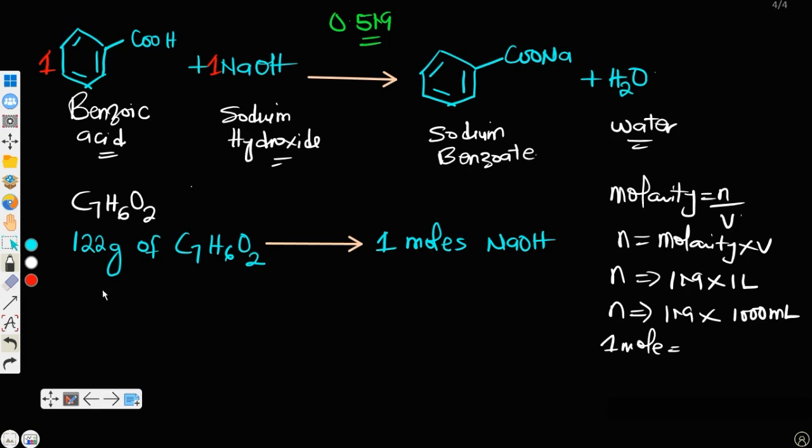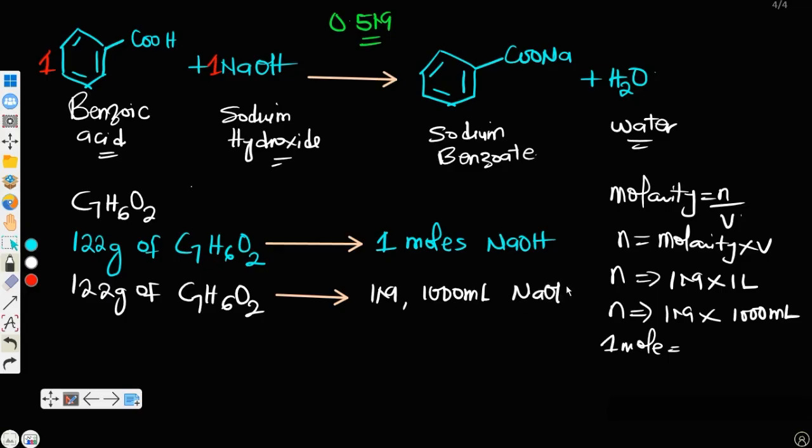So this gives us 122 gram of C7H6O2 equal to 1 molar solution, then 1000 milliliter of sodium hydroxide. So this has replaced this 1 mole here.